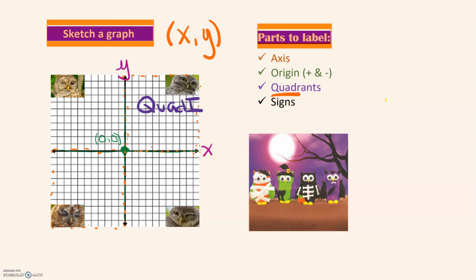And we say that it's our quadrant 1 because we know that our x values on the right side of the origin are positive. And we know that the up values from the origin, or the y values, are also positive. And again, we like to start in positivity for our quadrants.